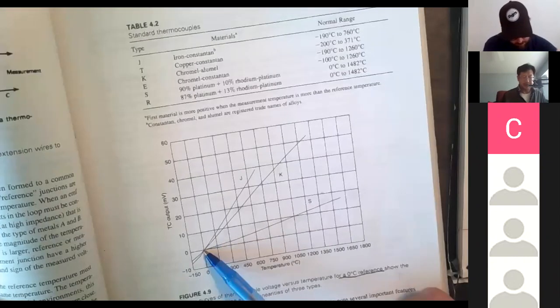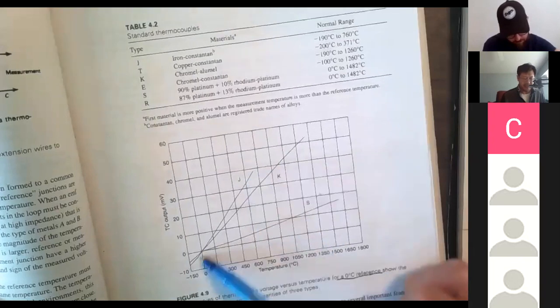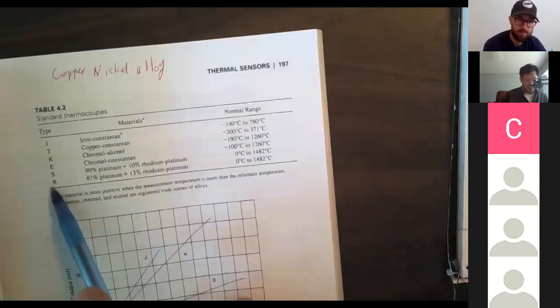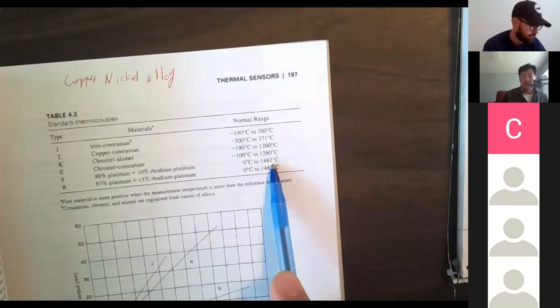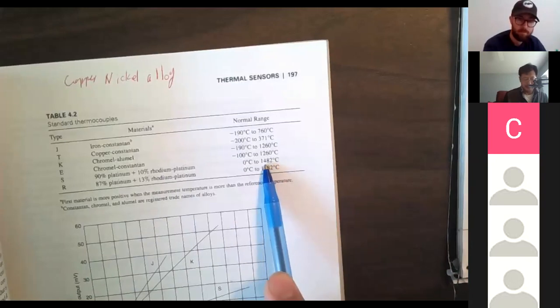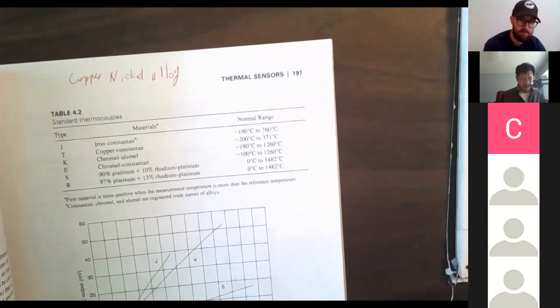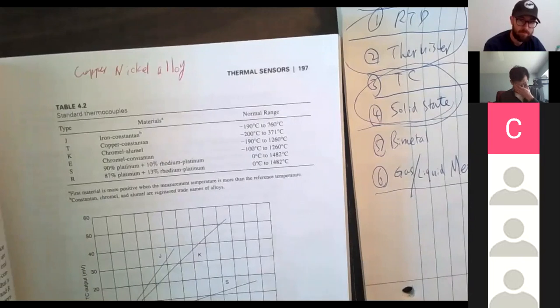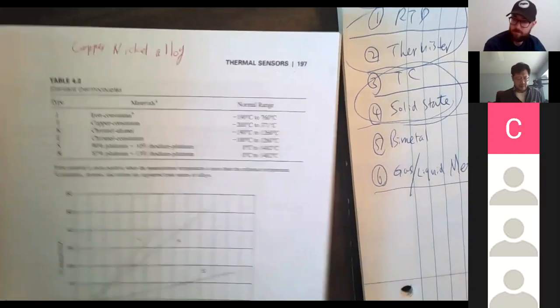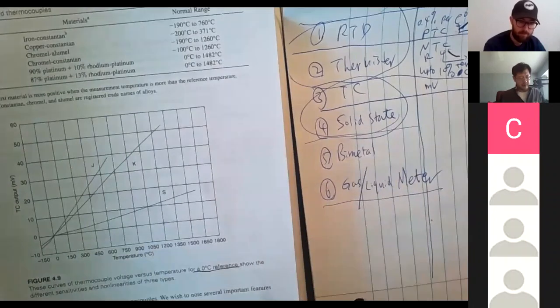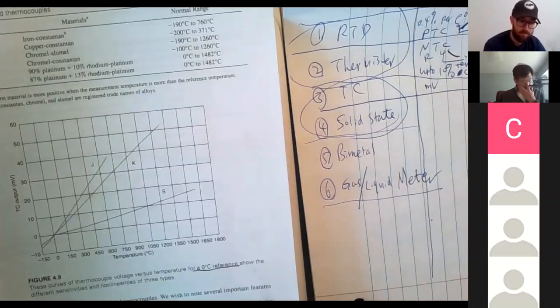This one is the most sensitive, type J. Type S is less sensitive, but by being less sensitive, type S has a wider range, 1500 degrees Celsius. So it can handle higher temperature. So you will probably pick different types based on the application requirement.